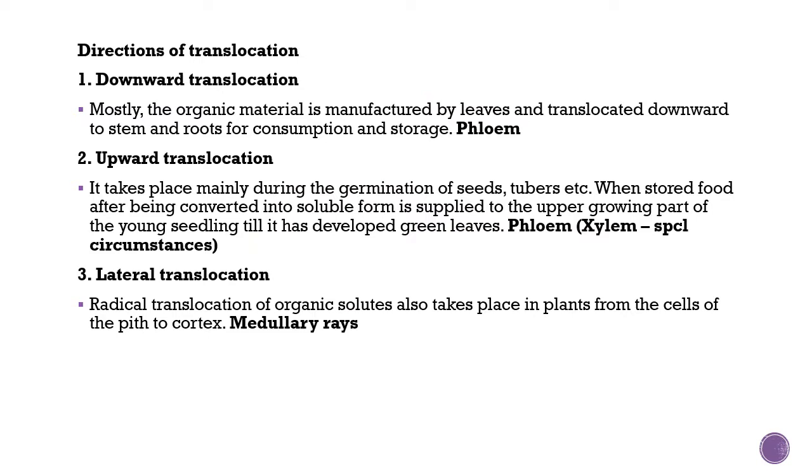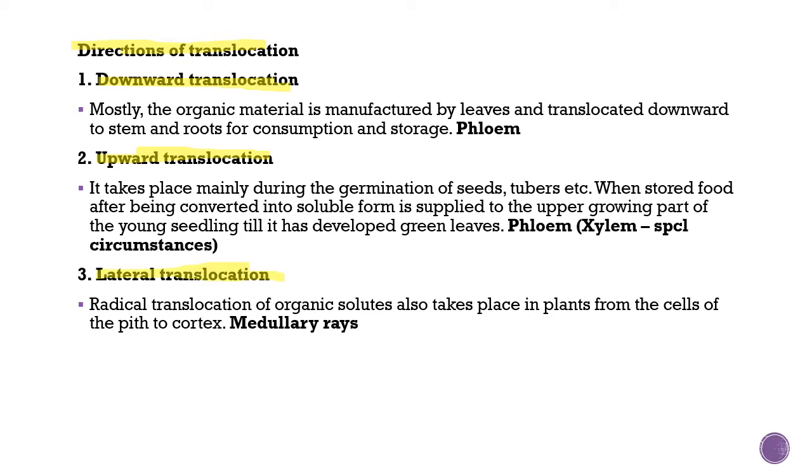So now coming to the directions of translocation, there are three types of directions that translocation can happen. The first one is downward translocation, the second one is upward translocation, and the third one is lateral translocation.